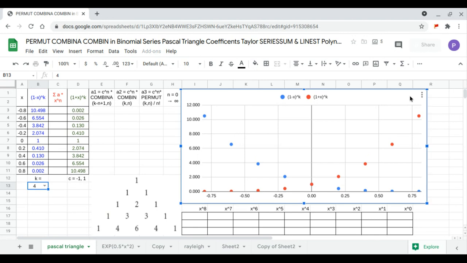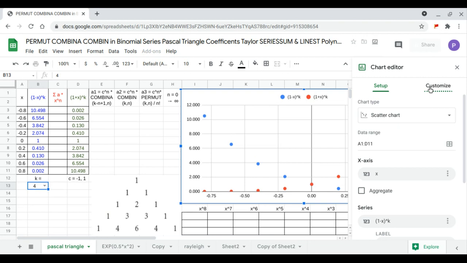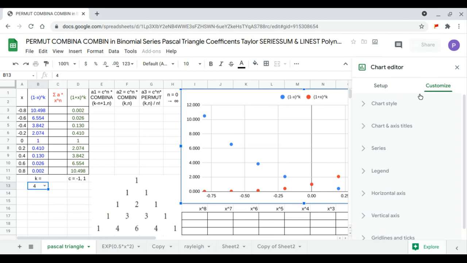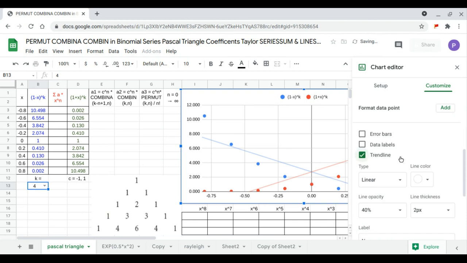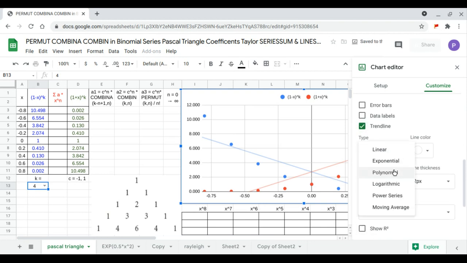We'll show the equation and the polynomials. So this will be the series, trend line, polynomial.